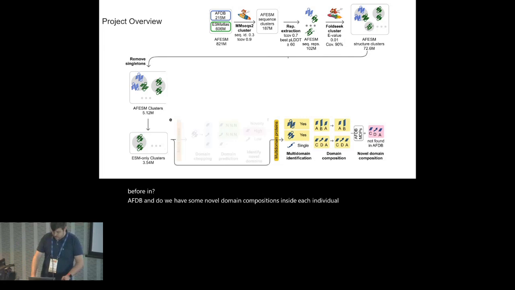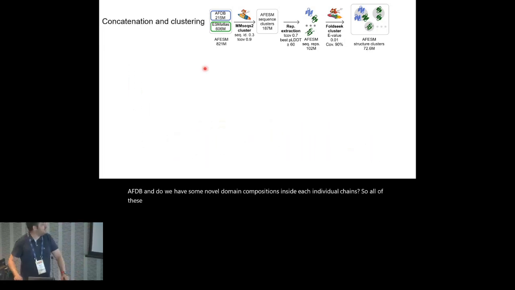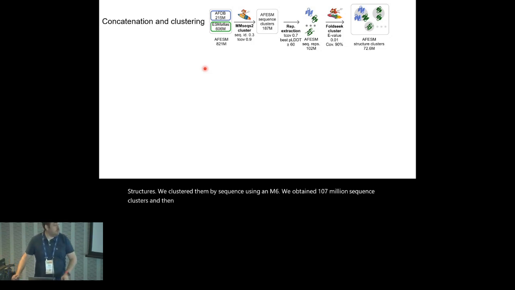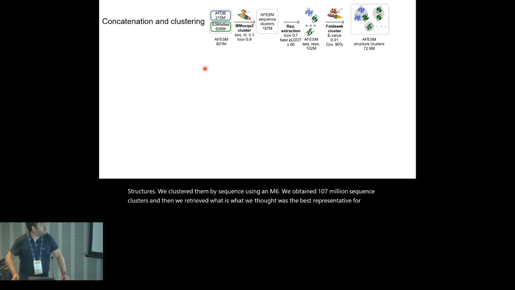All of these 4 tasks have one thing in common, which is that we started by concatenating and clustering the whole data set. We started with 821 million structures. We clustered them by sequence using MMseqs2. We obtained 187 million sequence clusters, and then we retrieved what we thought was the best representative for each, using a minimum coverage of 0.7 across the cluster and a minimum pLDDT over 60.